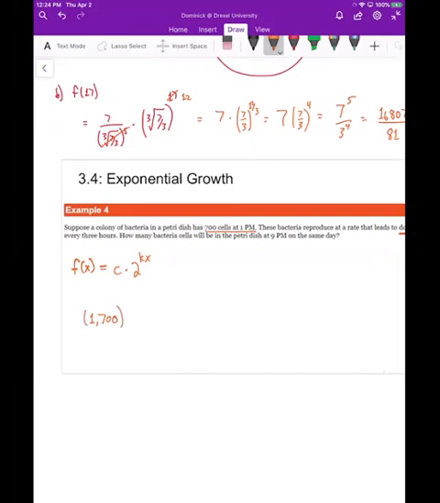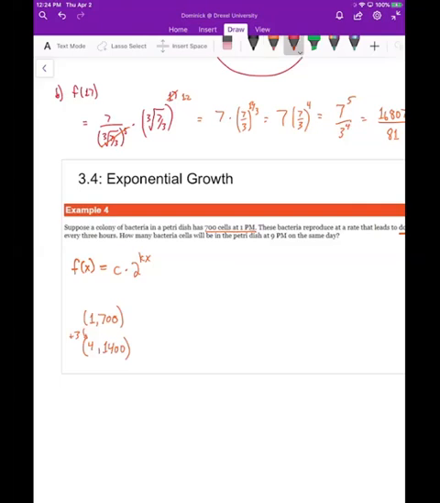And that's 1 point. And if it doubles every 3 hours, then after 3 hours, which is where that 4 is coming from, taking 1 and adding 3 to it, the population should double. So I should get 1,400 now. Those are my 2 given points that we could use here.